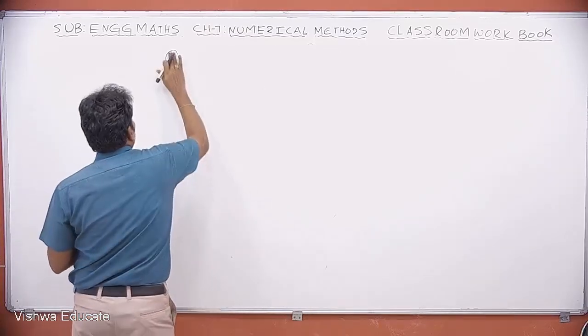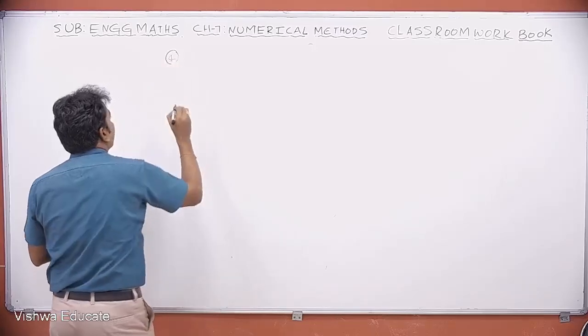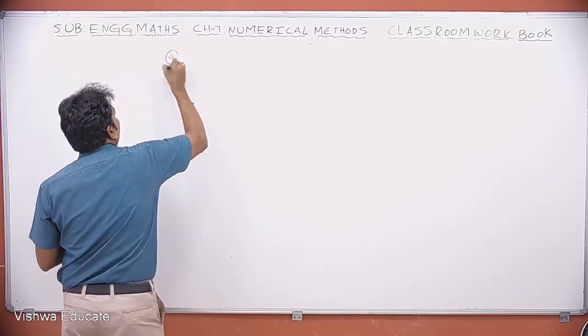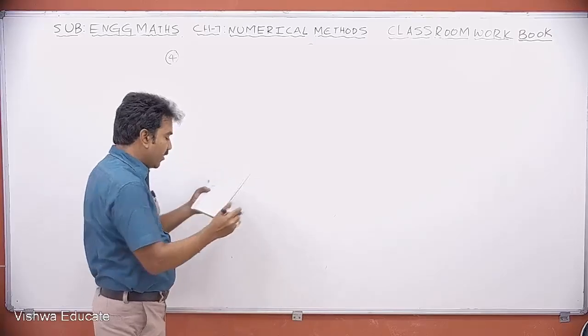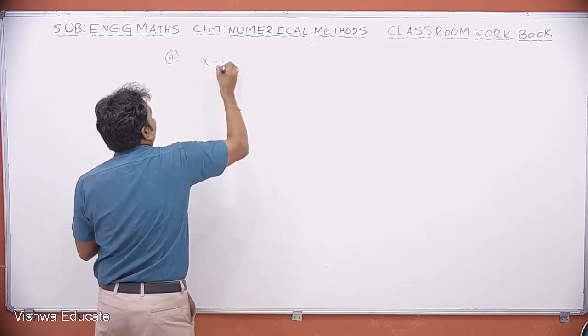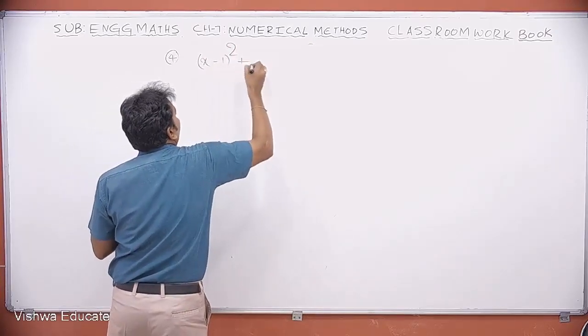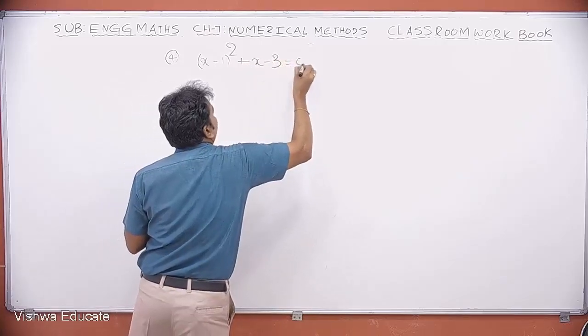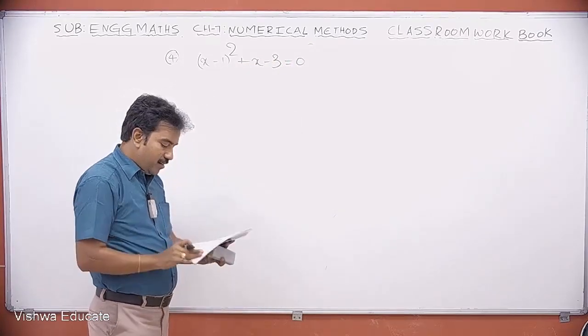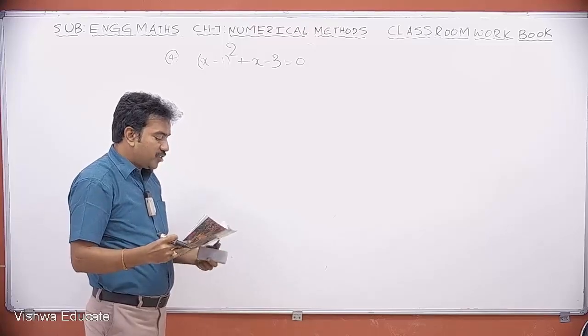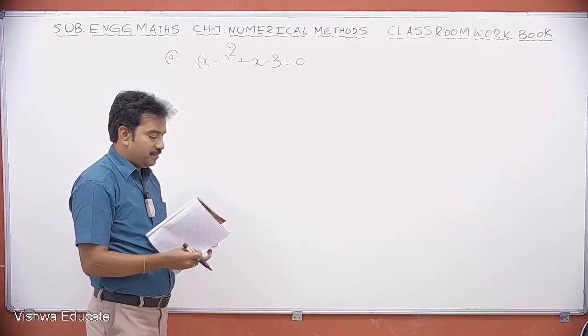Now next we move to question number 4. The Newton-Raphson method is used to solve the equation (x minus 1) whole square plus x minus 3 equal to 0. The method will fail in the very first iteration if the initial guess is.